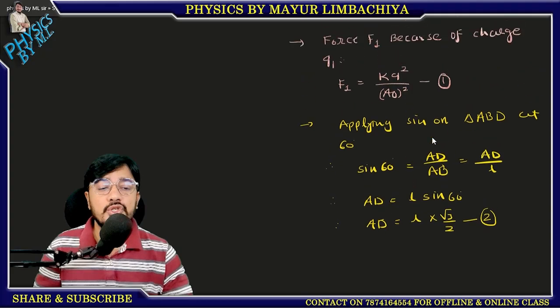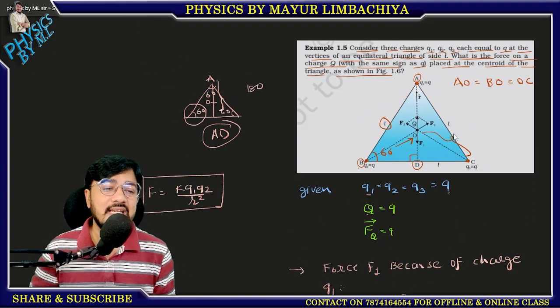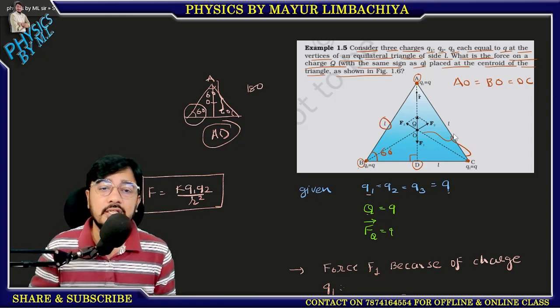So when you look at the geometry, or I can say the situation of the figure, here I can say this AO is 2/3 of median AD.